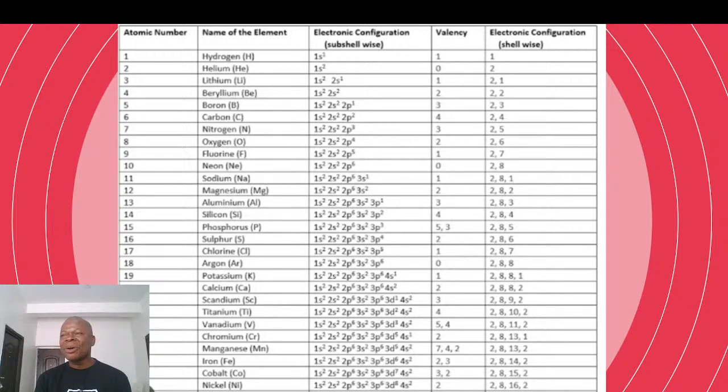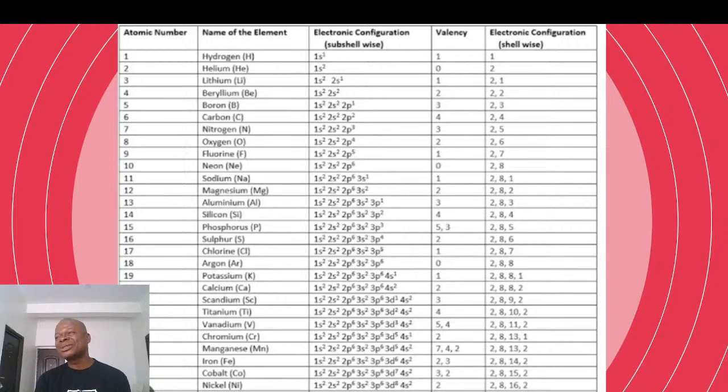Then, number 6 on the screen is carbon. We are very familiar with carbon. If you look at the electron configuration of carbon in subshell, what you're going to see is 1s2, 2s2, and 2p2. If you add 2 plus 2 plus 2, it gives you 6, the atomic number.